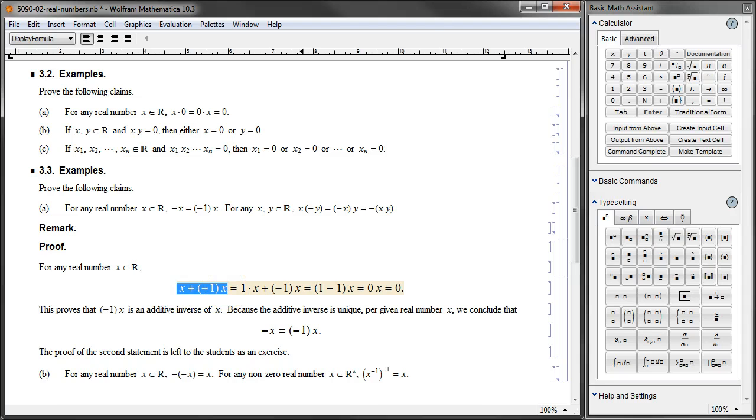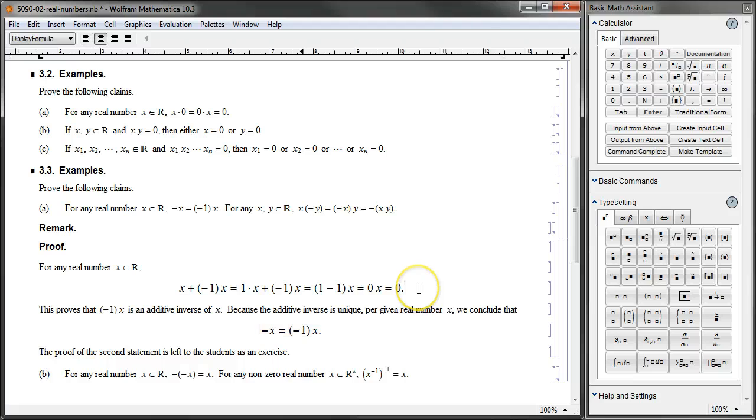If that is equal to 0, then we can conclude that negative 1 times x satisfies the condition of the additive inverse, and there's only one additive inverse, negative x, so these two have to be the same.